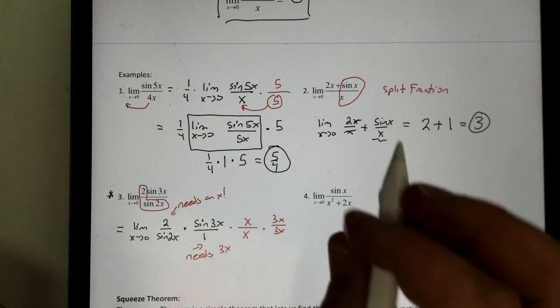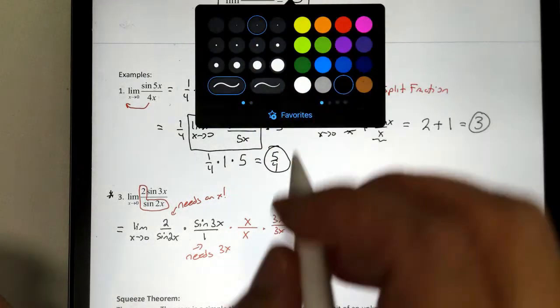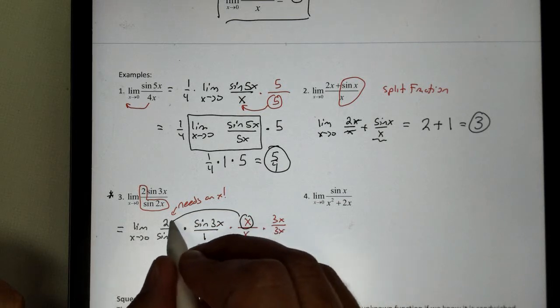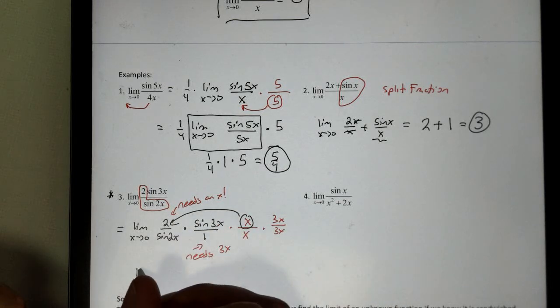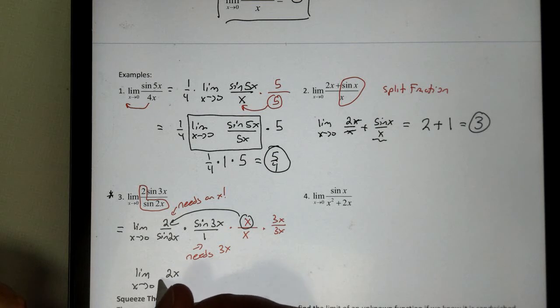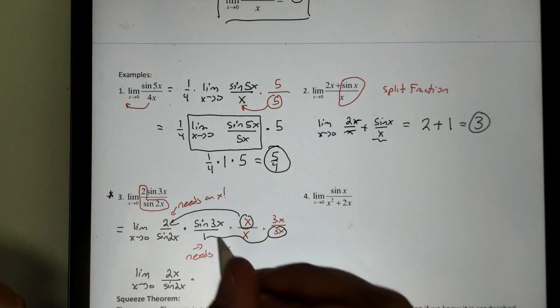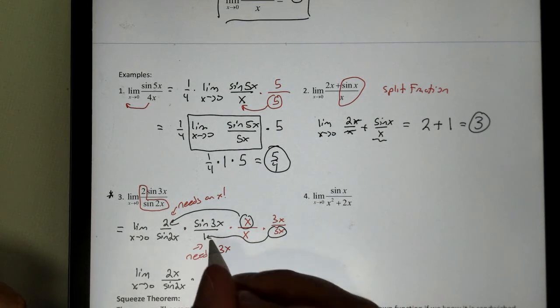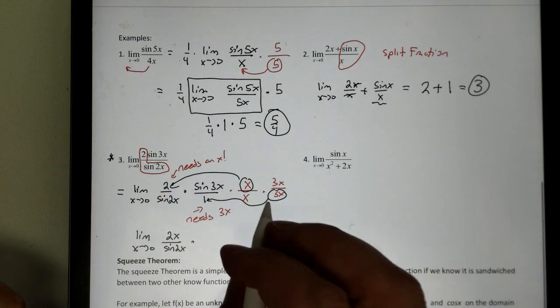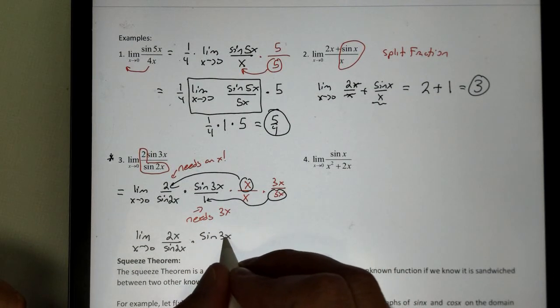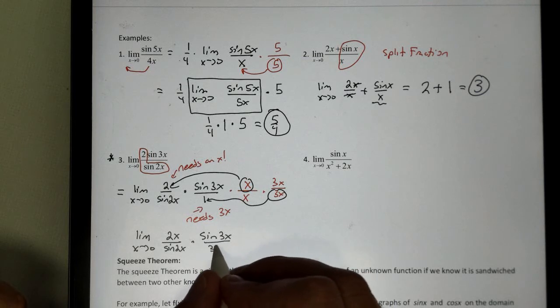There's a shortcut for this. This x now belongs to this 2, so I'm going to rewrite it. The limit as x goes to 0 of 2x over the sine of 2x. This 3x belongs to the sine of 3x, and that's going to give me the sine of 3x over 3x.